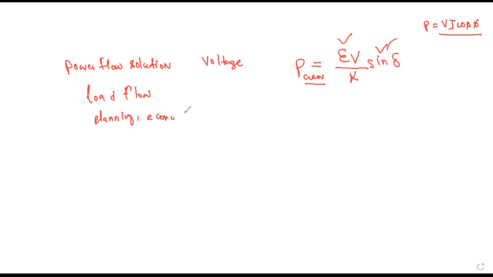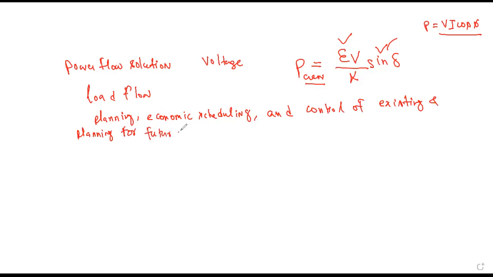Economic scheduling means, based upon the generation and the demand, where should we trip and where should we build more. Then control of an existing system, and planning for future expansion.